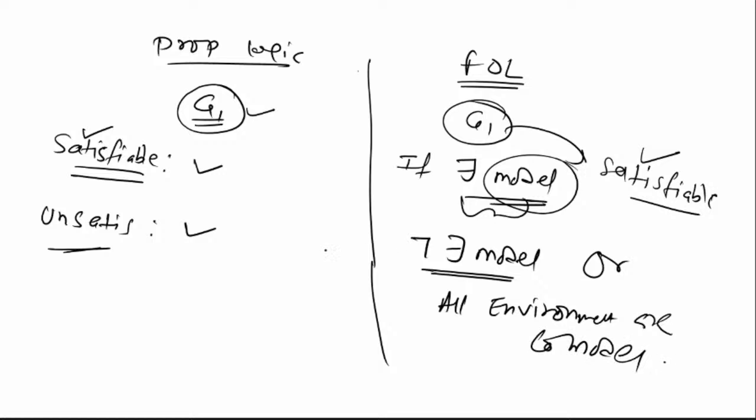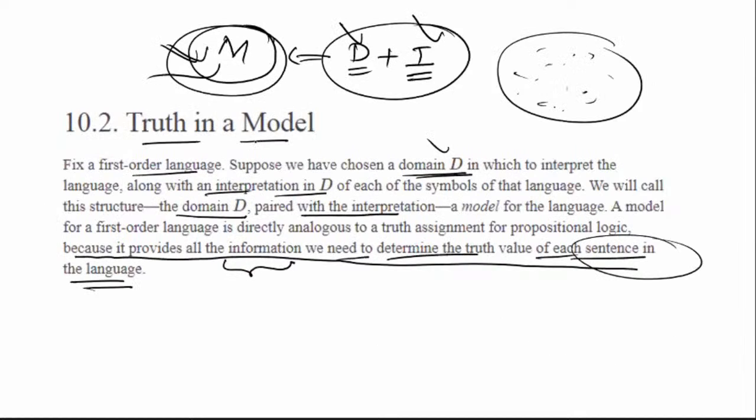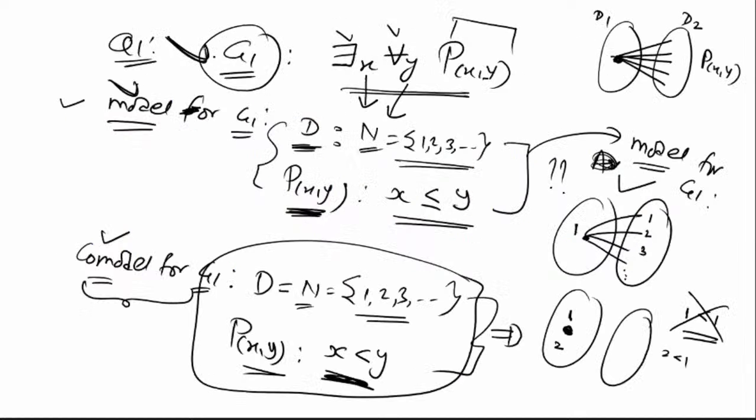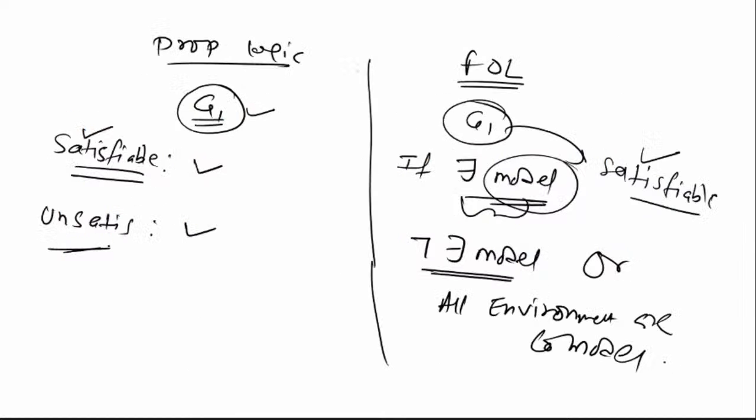So this is the definition of unsatisfiable. Now you can see that this formula G1 is satisfiable because there exists a model. If you consider this first environment, then this environment is a model for G1. So this G1 is satisfiable. Okay, so very easily you can see.